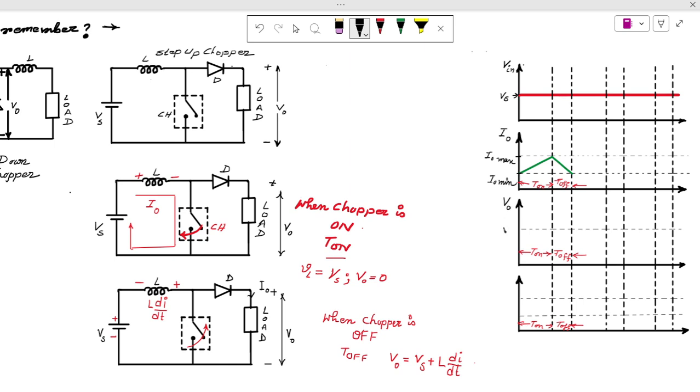This will be the output voltage waveform.